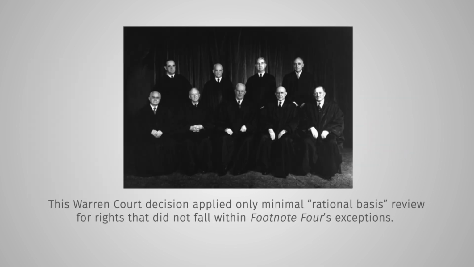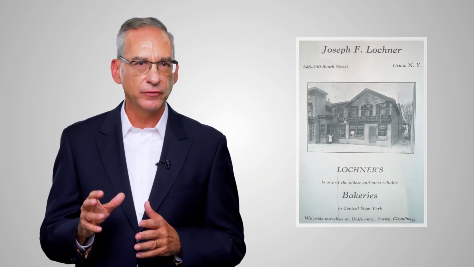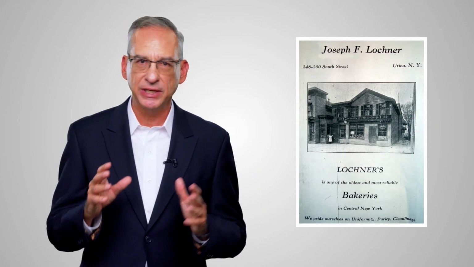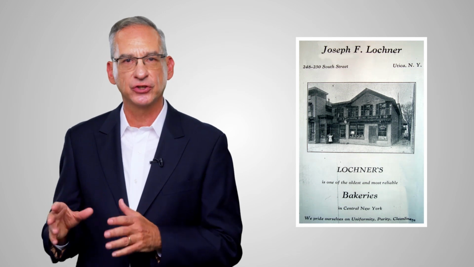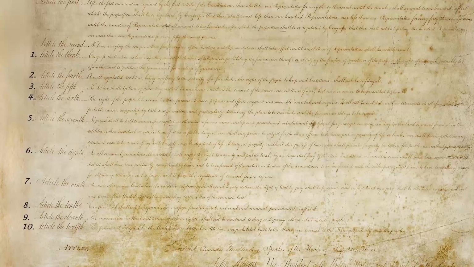This Warren Court decision applied only minimal rational basis review for rights that did not fall within footnote 4's exceptions. Through this move, the court was able to shield most economic regulation from heightened judicial scrutiny. How? Because the rights enumerated in the Bill of Rights were largely non-economic.